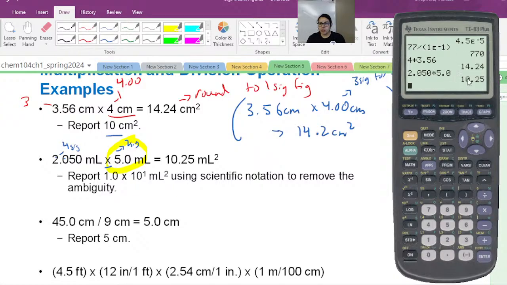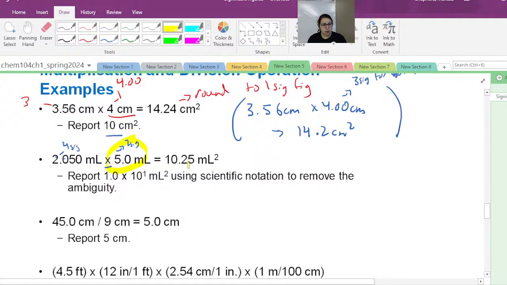And yes, we get 10.25. This is actually where we get one of those weird scenarios, because we need to round to 2 sig figs. That gives us 10. But then we need a good way to show that, yes, that 0 is significant. That's why they use scientific notation here, to remove the ambiguity of just having that decimal point.